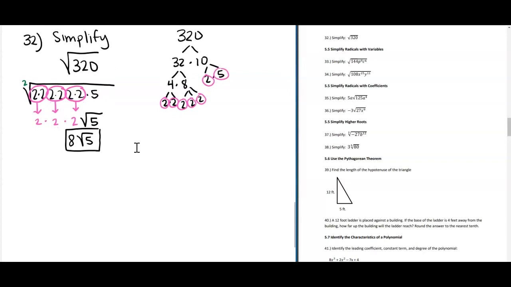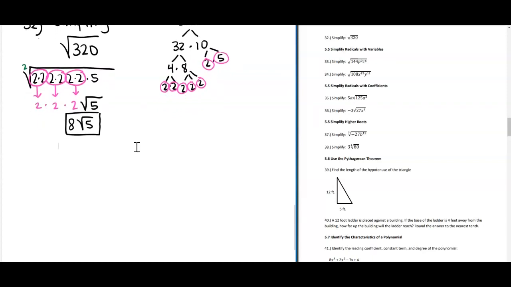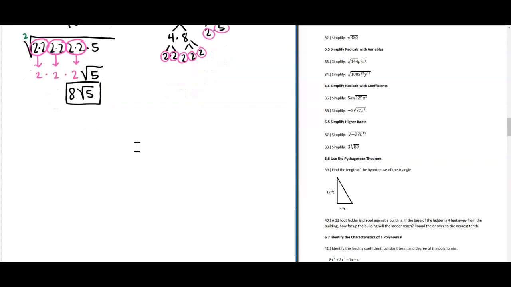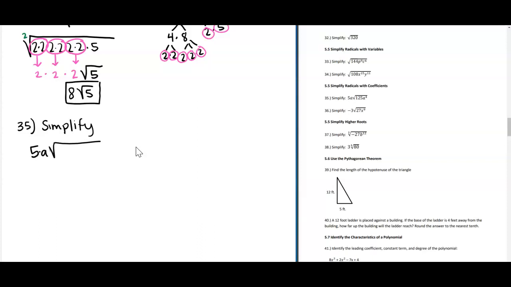All right, let's look at one now that has some variables involved with it. So let's do number 35. Number 35 wants us to simplify 5a, so 5 times a on the outside, and then times the square root of 125a to the 4th power.